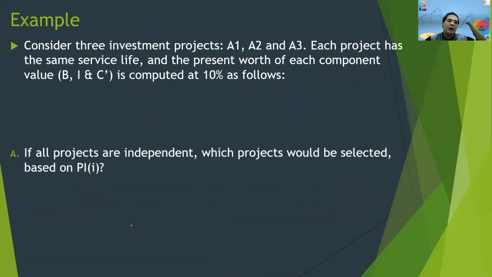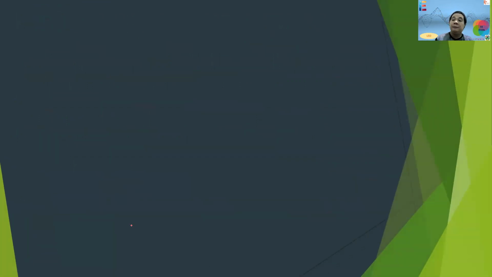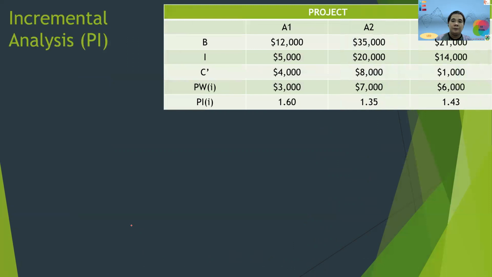So for example, we have 3 types of investment. This is the same problem as the benefit cost ratio analysis. Therefore, you can see that you have 3 alternatives. You are provided already the B, I, and C hat and the present worth of the values.